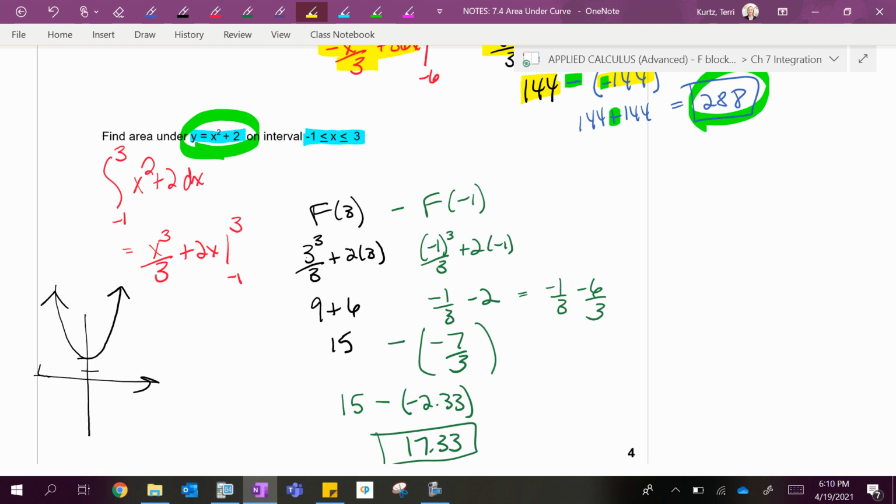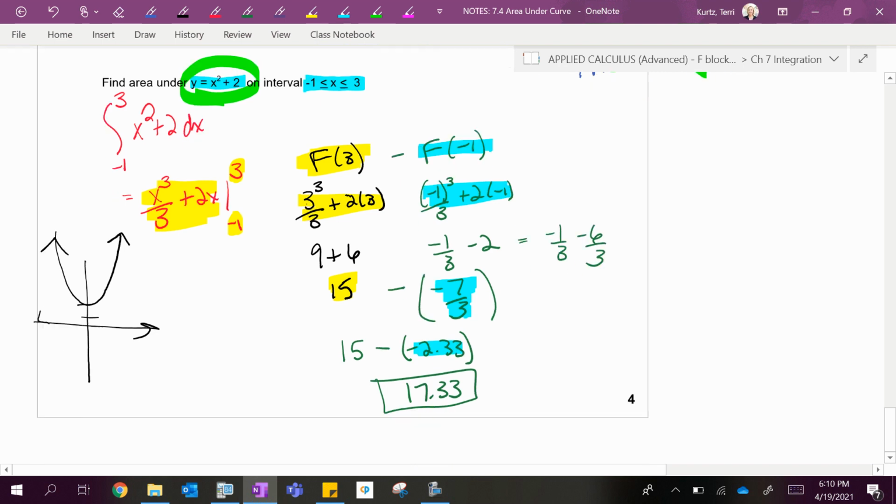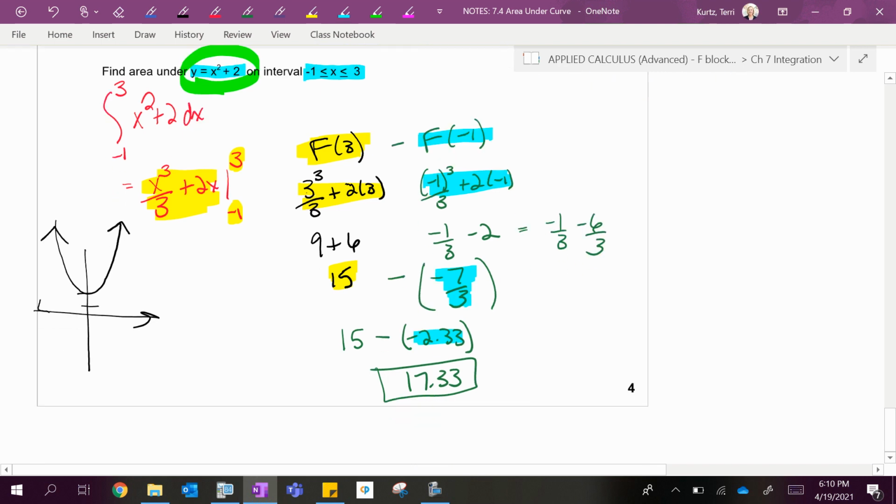So we take the antiderivative, and we're going to evaluate it from 3 to -1. We find f at 3, plug it in, we get 15. We find f at -1, plug it in, and I did this both ways. As a fraction, I ended up with -7/3, or -2.33 if you use a decimal. And again, we're taking 15 minus a negative value, so we end up adding, and we get 17.33.